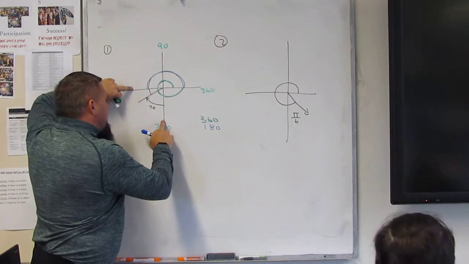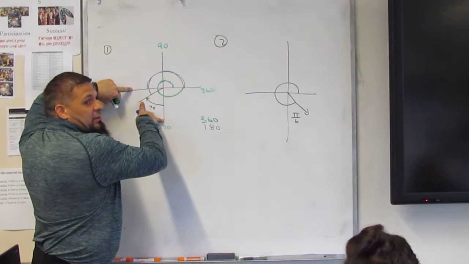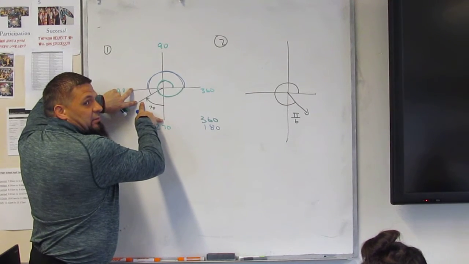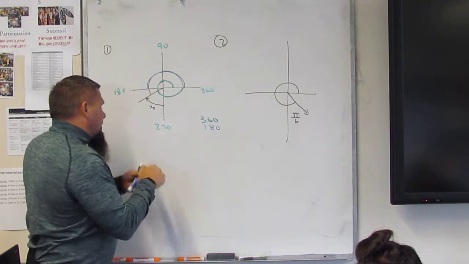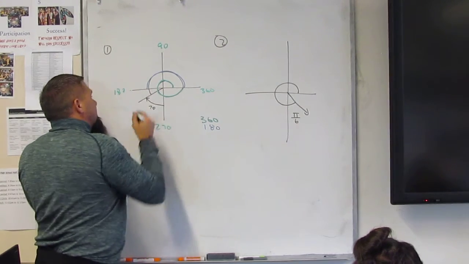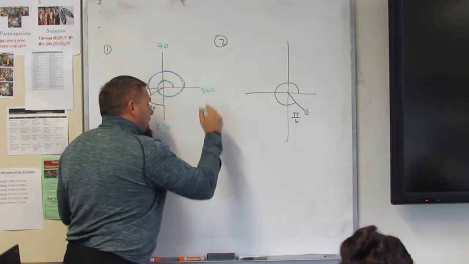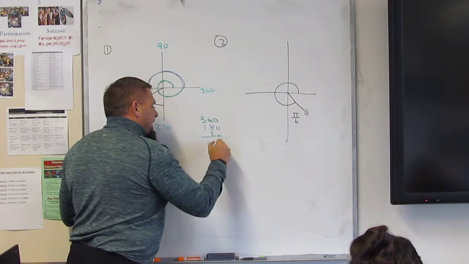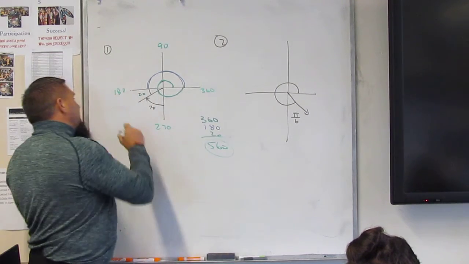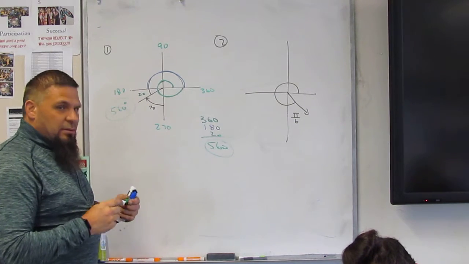Well, if this is 90, but this is 70, then what's left is 20. 90, 70, 20. So once I know that this is 20, then I have 20 more to go. So when I add all this up, I have 200 plus 360 is 560. So this is 560 degrees.